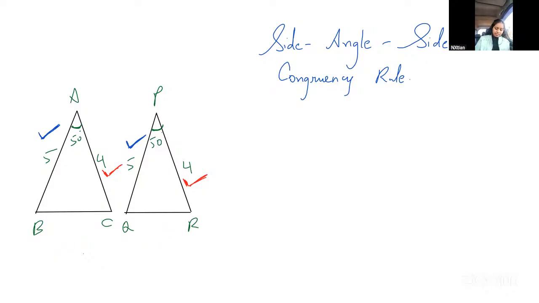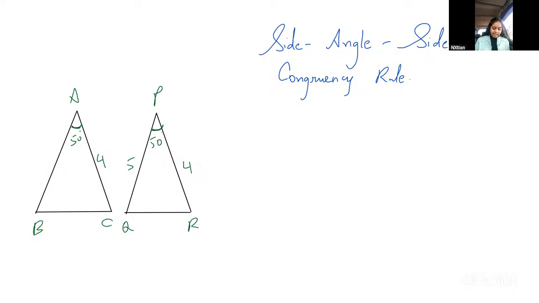So this rule says that any two corresponding sides and the angle between them have to be equal.